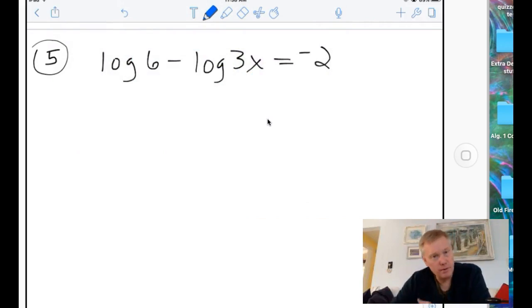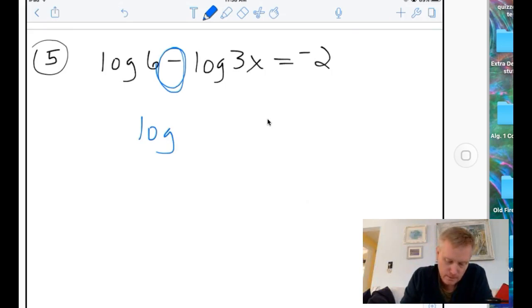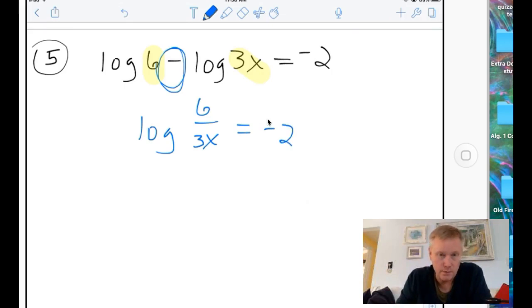Now, you guys learned on the laws of properties of logarithms that when you have subtraction between two logs like that, I can combine them together. And it's really division with the numbers in the front being the 6, I guess that's actually in the back, 6 over 3x. Okay, so I'm going to combine those two to make one logarithm, and it equals negative 2.